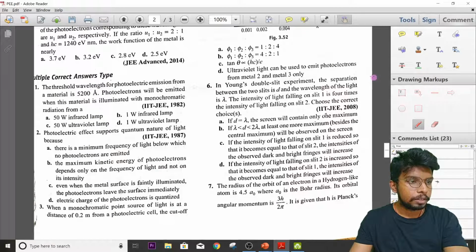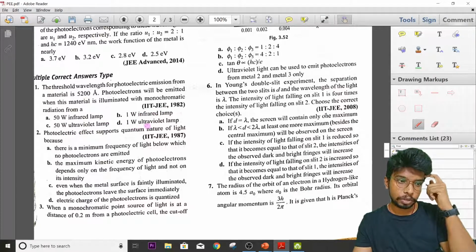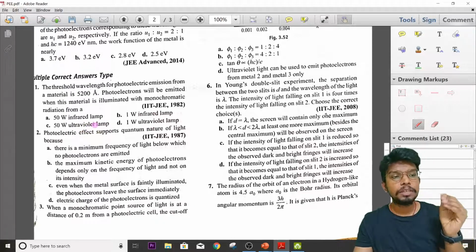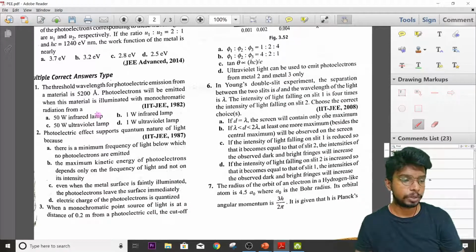And you have been asked, photoelectrons will be emitted when this material is illuminated with monochromatic radiation of, these are the options: 50 watt infrared lamp, 1 watt infrared lamp, 50 watt ultraviolet lamp, 1 watt ultraviolet lamp. Here, what is the energy per unit time?